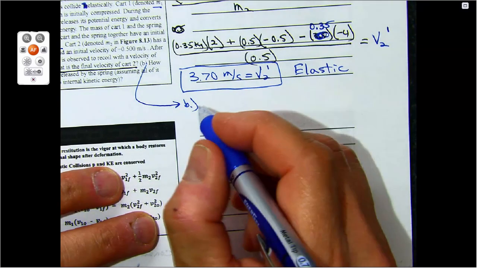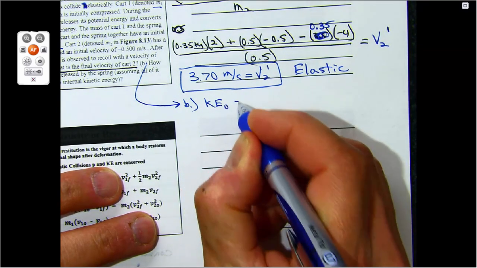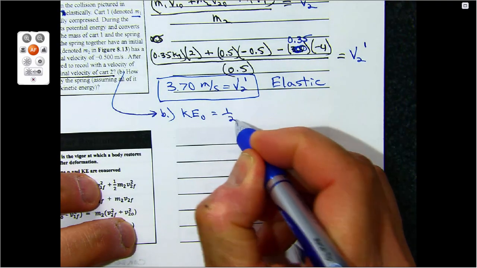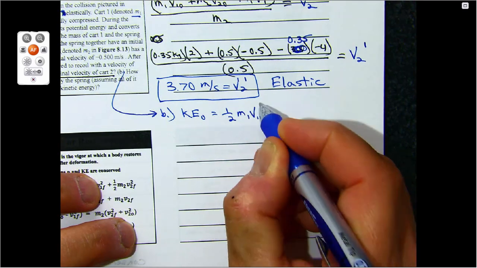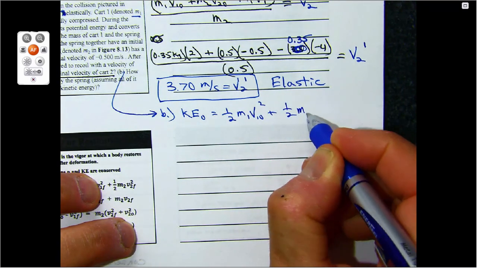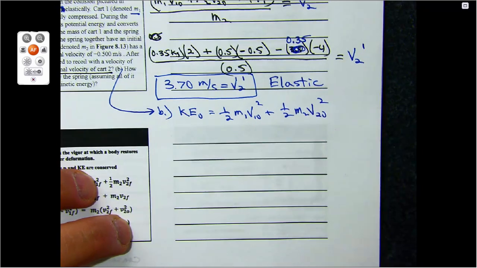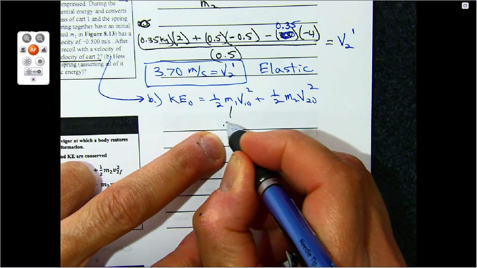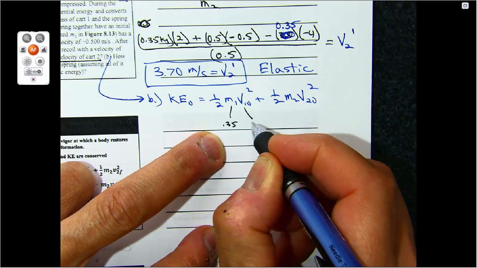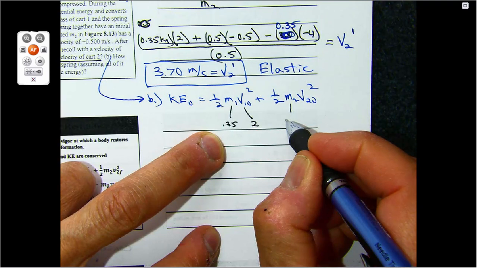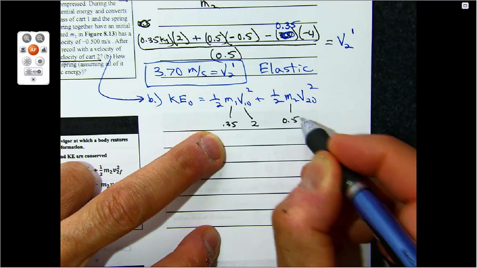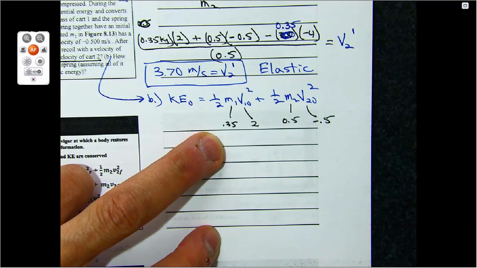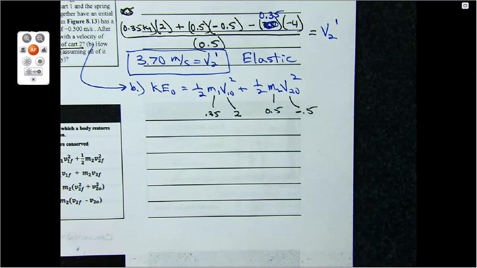B, how much kinetic energy initial do we have? Kinetic energy initial is going to be 1/2 m1 v1 initial squared plus 1/2 m2 v2 initial squared. That's kinetic energy initial, right?